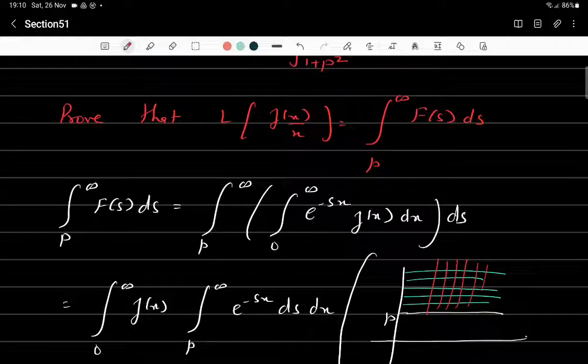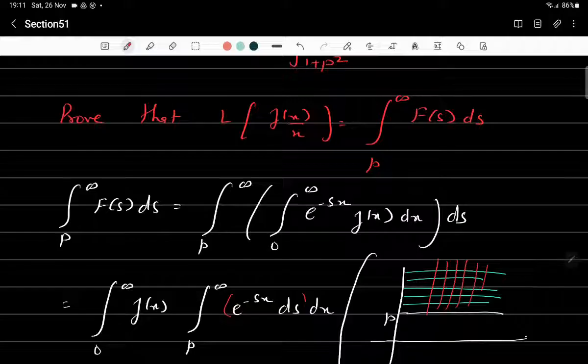In case of the vertical line, the limit would be p to infinity and horizontally it would be 0 to infinity. If I change the limits, then here I cannot integrate e raised to power minus sx f of x dx. That's why I use the change of integration.